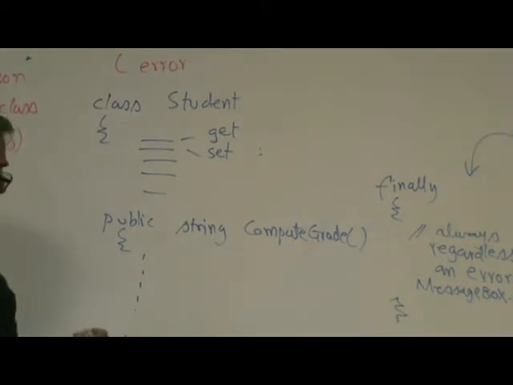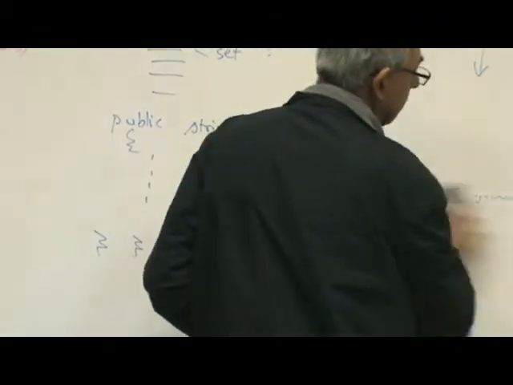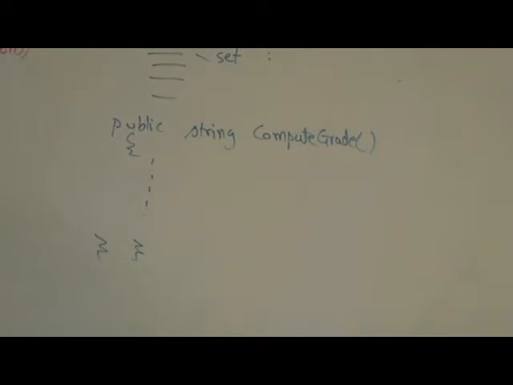So from now on, anytime you write a function, a method I mean, unless it's just one line of code, but even in that case, it's always a good practice to surround that code with the try and catch.